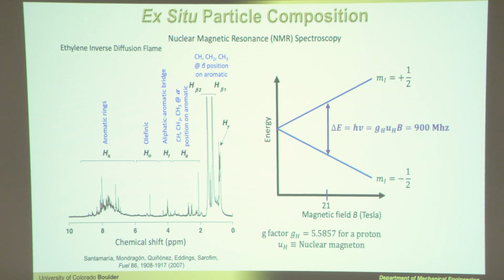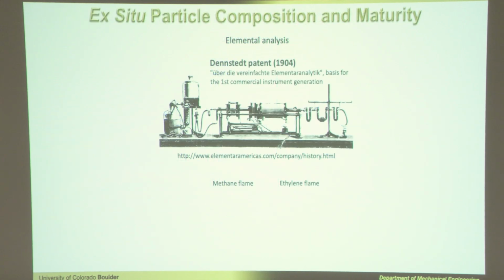So you can actually tell something about the bonding of the hydrogens to different carbon atoms. These are also huge machines, but you can usually have organic chemistry friends that can help you do NMR spectroscopy.